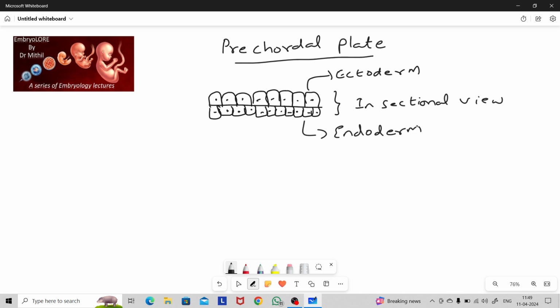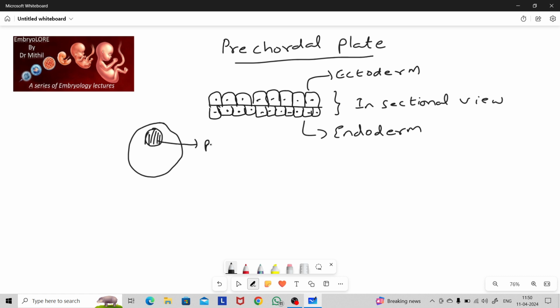Now at one end there will be a thickening forming, that is called the precaudal plate. That will define the cranial and the caudal end of the embryo. Here in the sectional view is the rounded structure, and here there will be the formation of the precaudal plate.